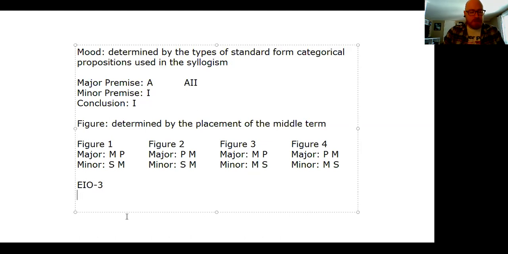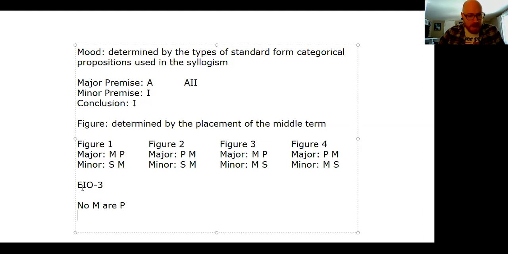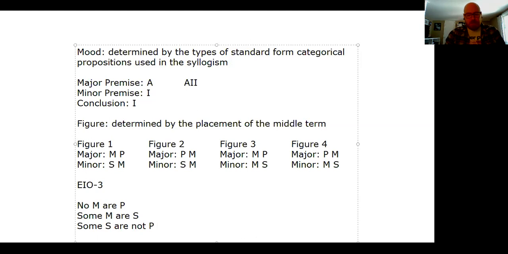So the major premise is an E statement: no M are P. The minor premise is an I statement, and once again it's in figure 3: some M are S. And the conclusion is an O statement: therefore, some S are not P. So: no M are P, some M are S, therefore some S are not P.